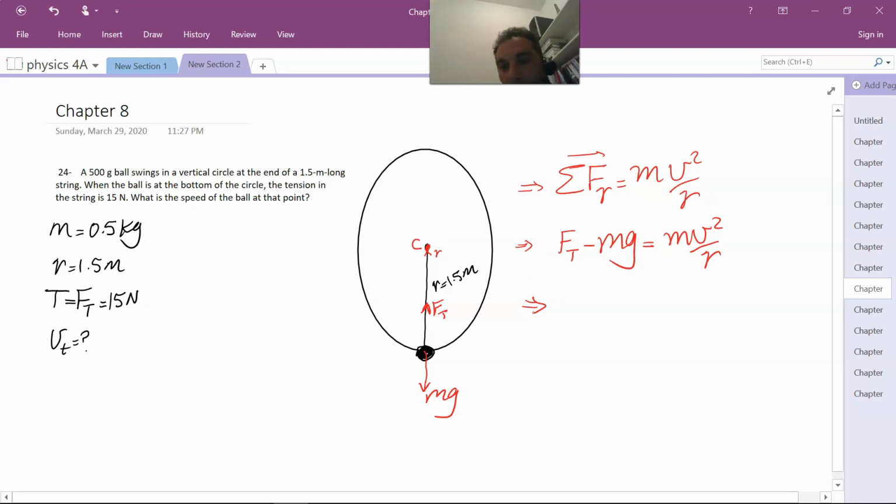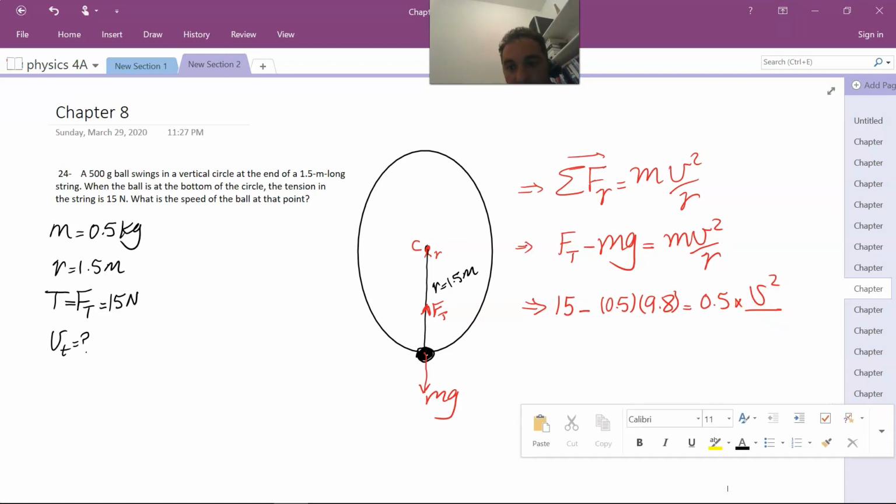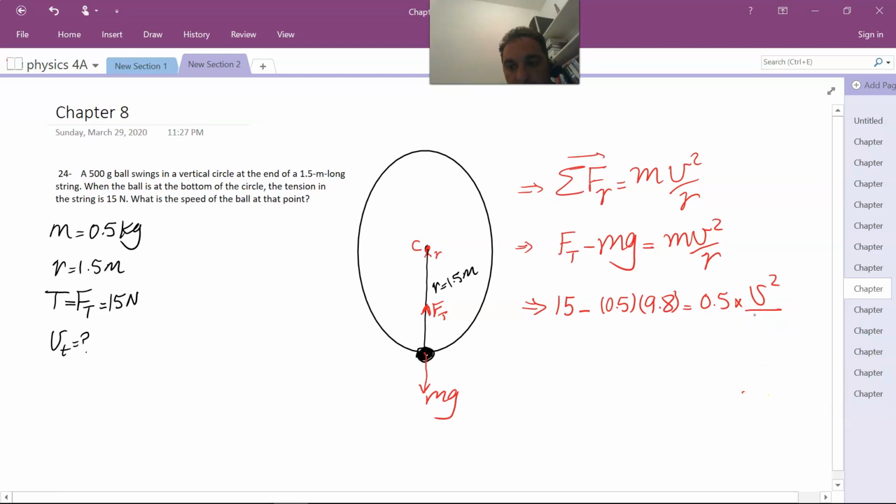Therefore, what do they want? What is the speed of the ball? Okay, substitute: 15 minus mass is 0.5, g is 9.8, mass is 0.5, speed is unknown, and radius is 1.5. Correct? So, find speed.